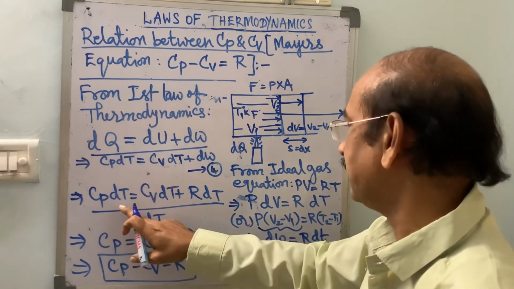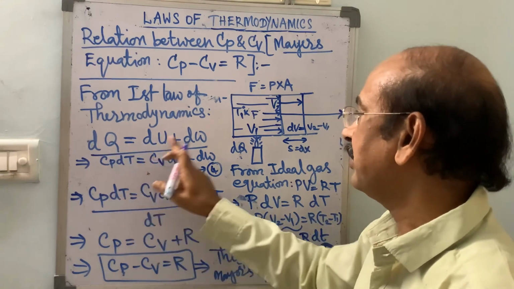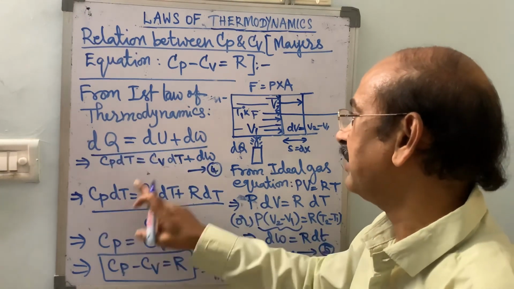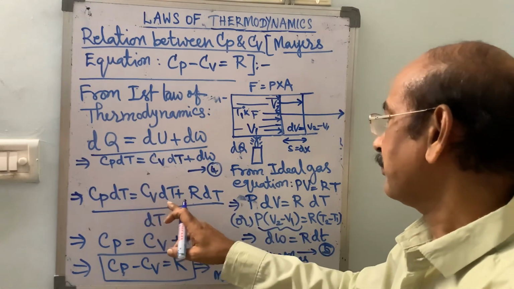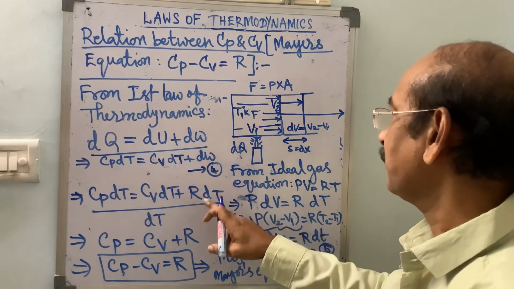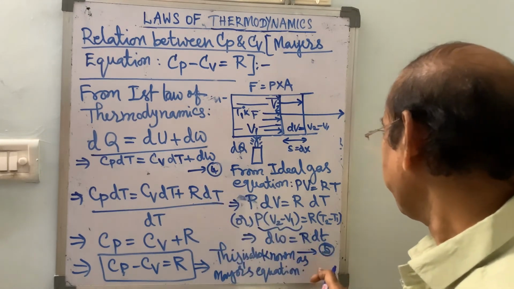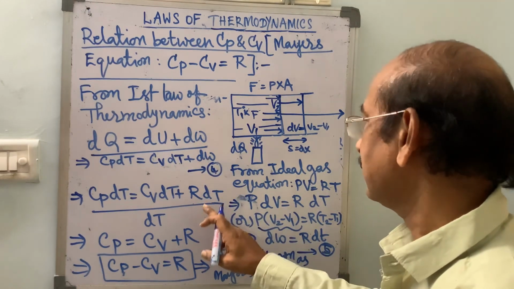By substituting the values here, as per the first law, dQ is equal to dU plus dW. The dQ value is Cp dT, the dU value is Cv dT, from equations 1, 2 and 3. From the 4th to 5th equation, dW was equal to R dT.